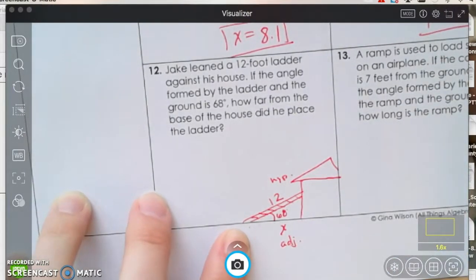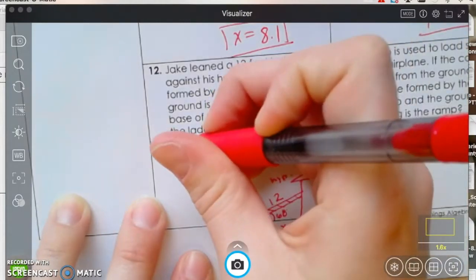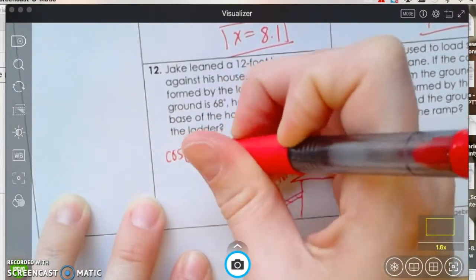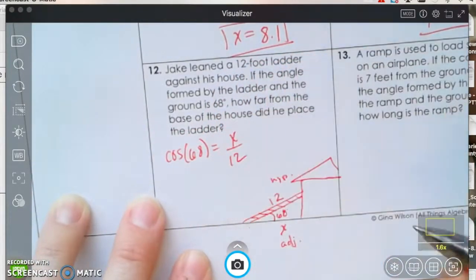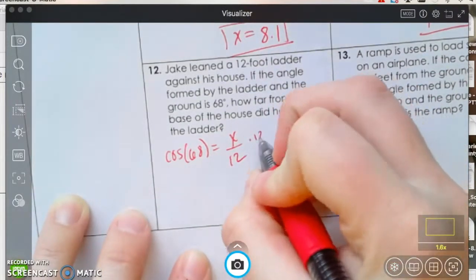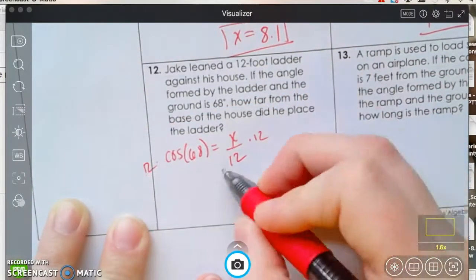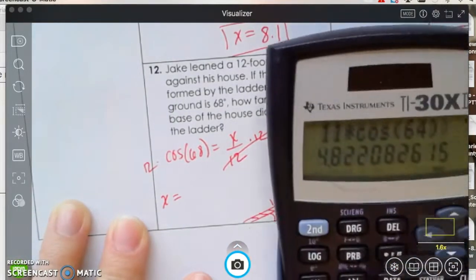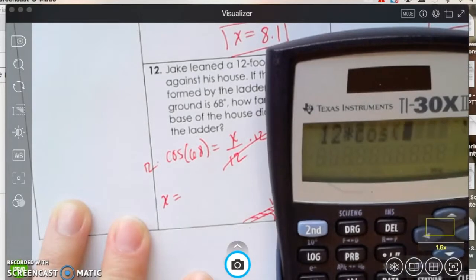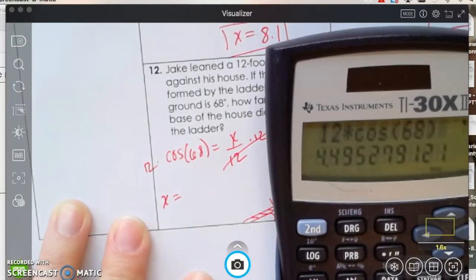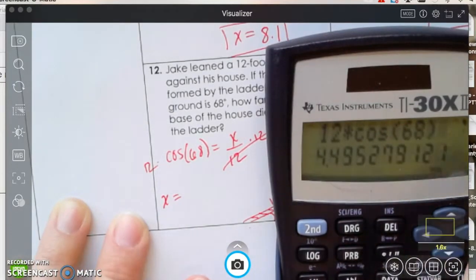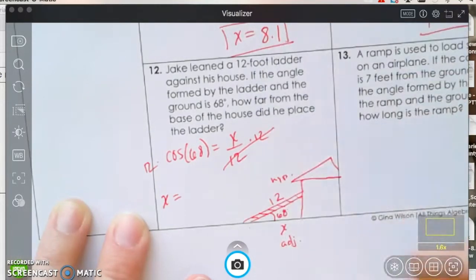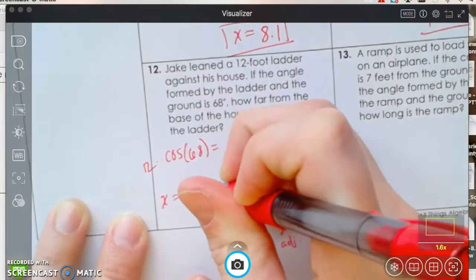So that would be cosine. So the cosine of 68 equals x over 12. Multiply both top and bottom by 12. So I'm going to take 12 times the cosine of 68. And that gives me 4.5, and I'm going to use that correct unit of feet away from the house.